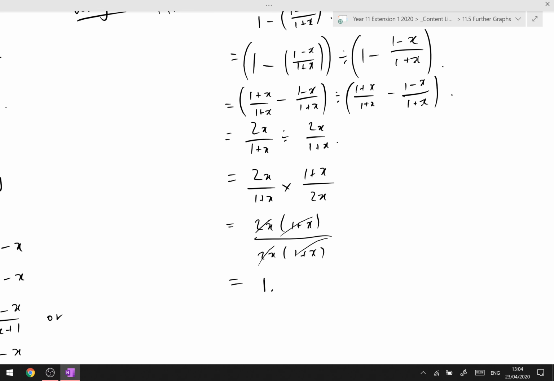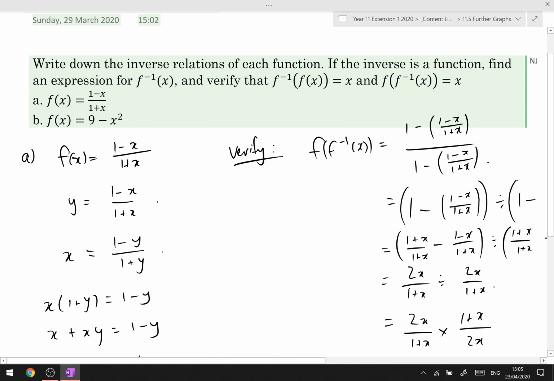This is a little bit different because it doesn't come out as x, it comes out as 1 itself. In other words, it doesn't matter what number you put into this function, you're always going to get the value of 1 back in return. So I'm going to leave it at that for now.